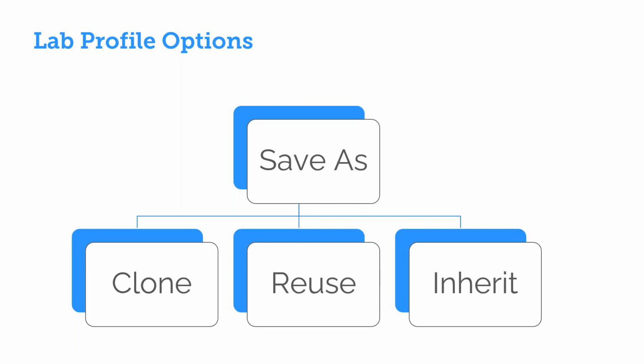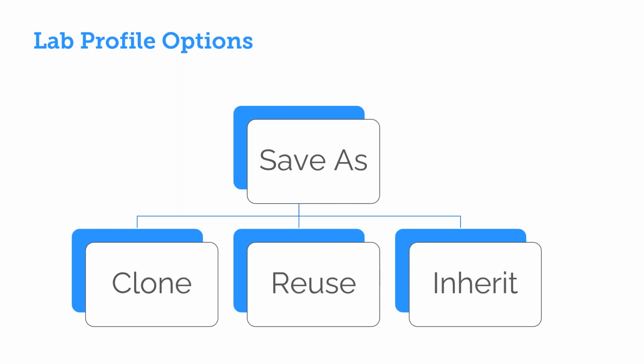However, there are potentially different situations that you could use, and that's where inherit comes in. Now, in most cases, you're going to use clone. Very occasionally, you're going to use reuse, and the second most used is inherit. Now, inherit takes the content from the originating lab profile, and that originating lab profile becomes a parent lab profile.